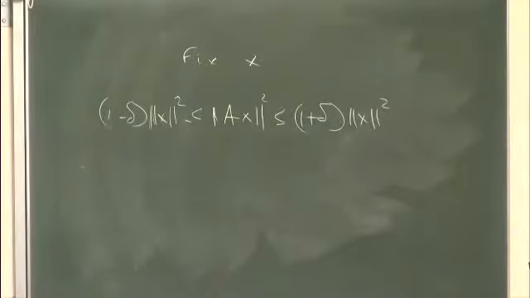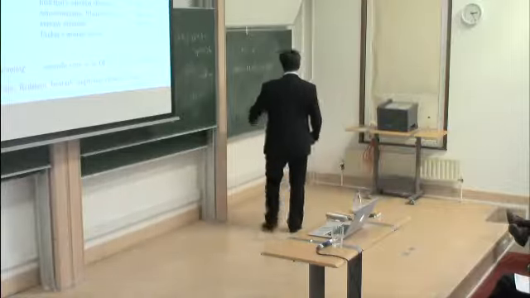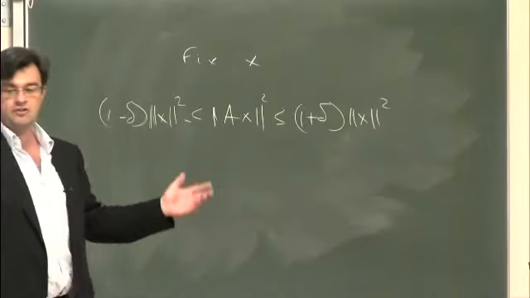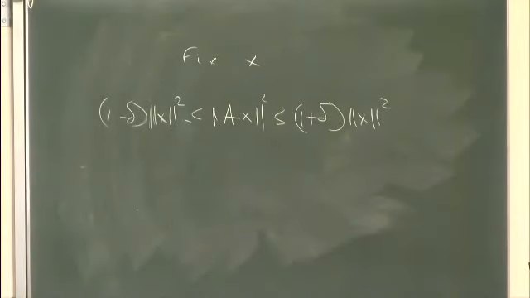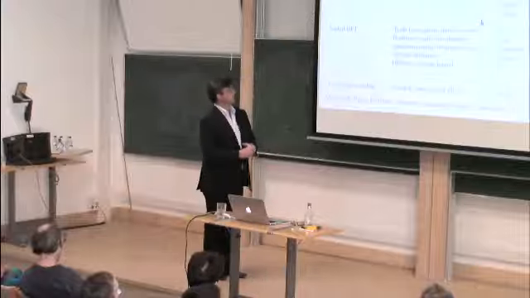So you take an x, you show that for a given x I have what I want, and the chance that this fails is so low that you can use a covering argument to extend this property to all sparse vectors. Okay, so that's the way binary works.